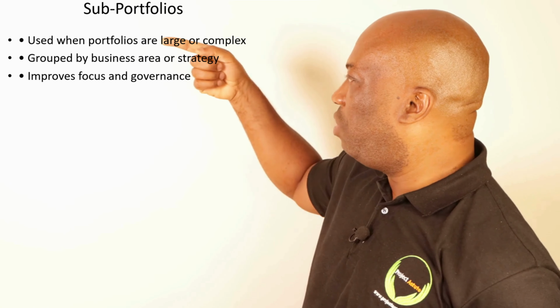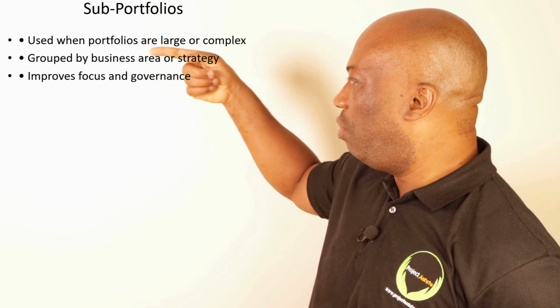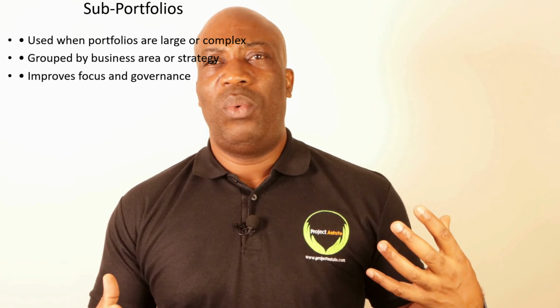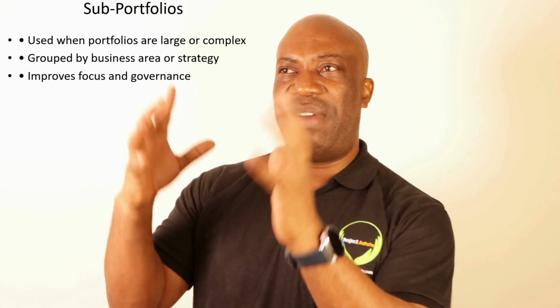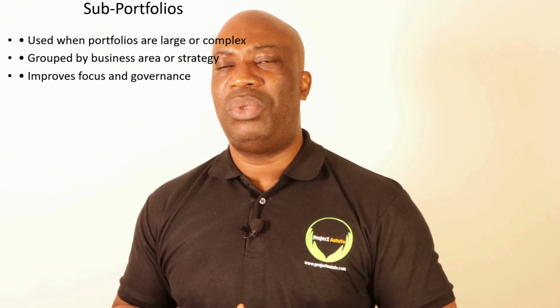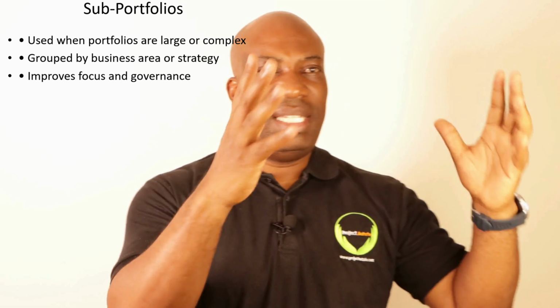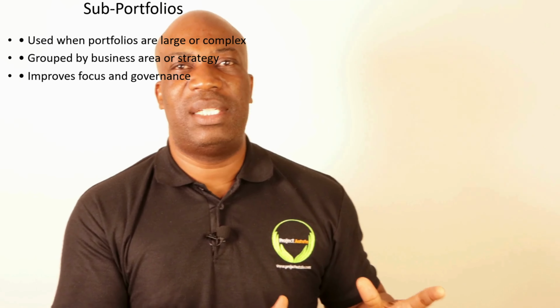Then also it helps the portfolio to have a group of business areas. So why do we come up with sub-portfolios? It's because we want to have some groups of business areas. Say, for example, you might say finance. So you want to make sure that there's a sub-portfolio for finance. If you're running any projects, programs, portfolios to do with finance, it's one area. It could be ICT, information, communication, and technology.